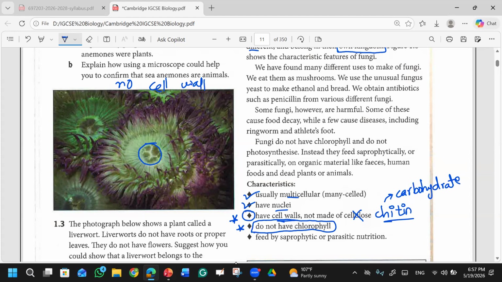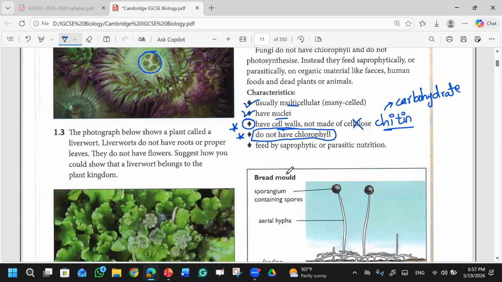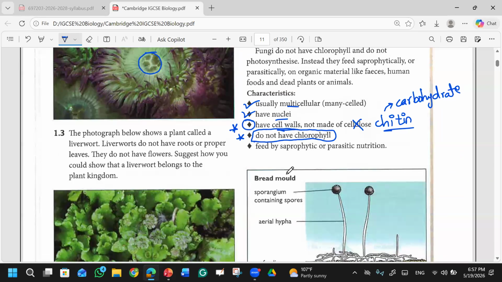Parasites? Have you seen termites? Termites are those insects which eat wood. What do they do? They eat wood, and in return, you cannot use that wood, right?